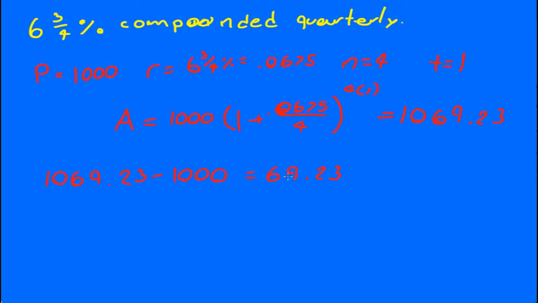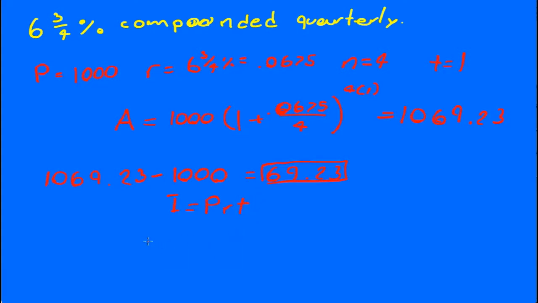And now to get our rate, we're going to use this formula, I equals PRT. So we know that I is 69.23, okay?